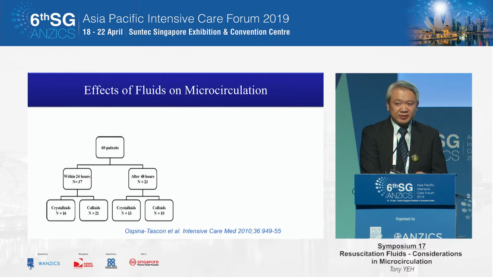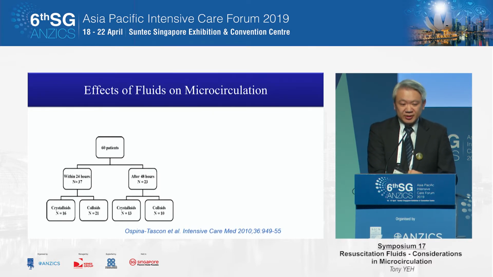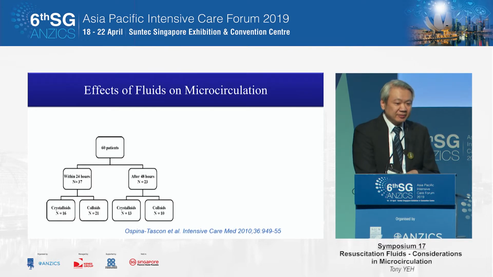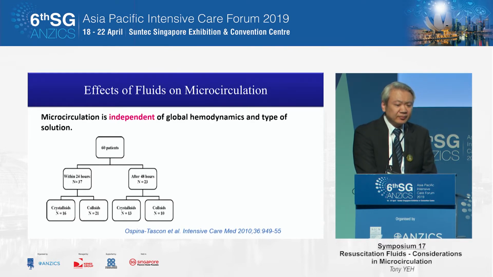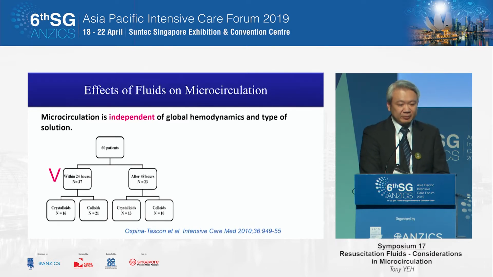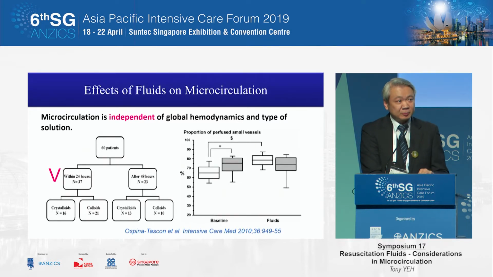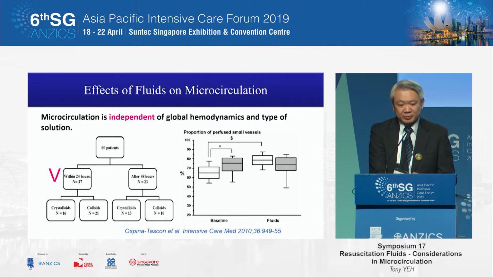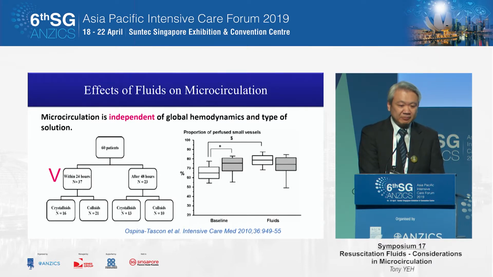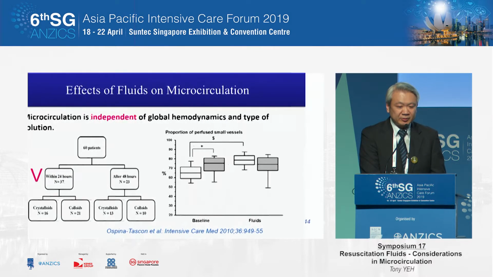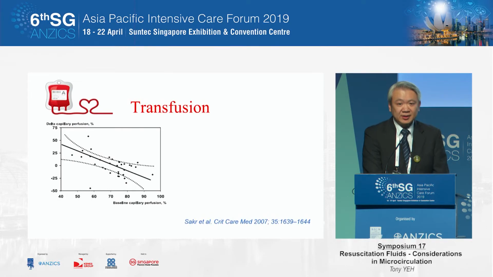So unfortunately, in this trial, they didn't see a difference between crystalloid and colloid, but they found that if the patient was in the early group, just giving fluid can improve microcirculation. And the second finding is similar to the previous result we reported. If your patient has a lower PPV, the patient will have a higher chance to improve microcirculation after you give them fluid.